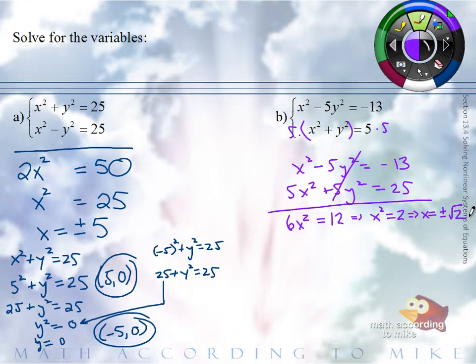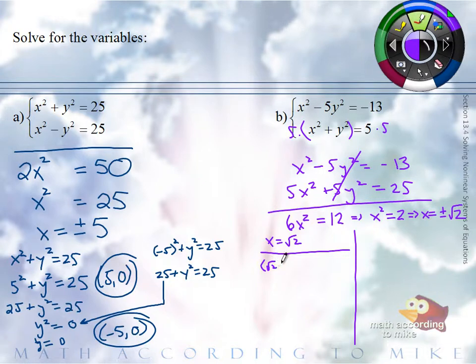Oh my gosh, it's hideous. I know. All right, let's go one at a time. We first start off with x equaling square root of 2. I'm going to put that in for the x in the second equation.